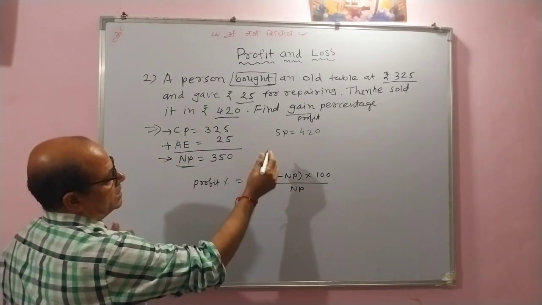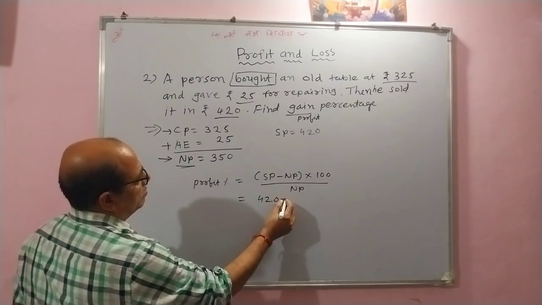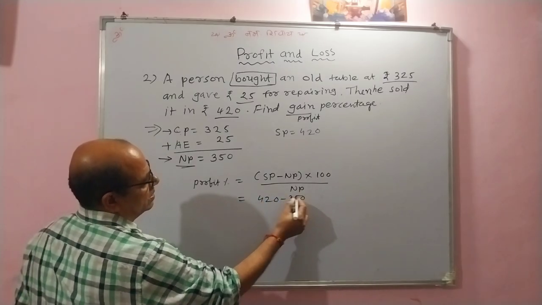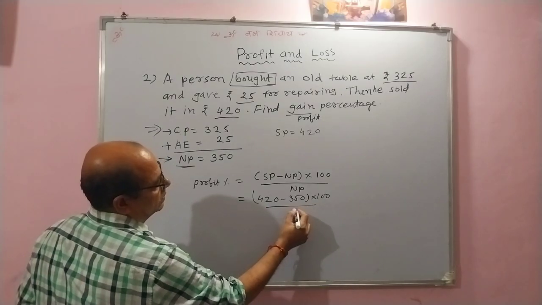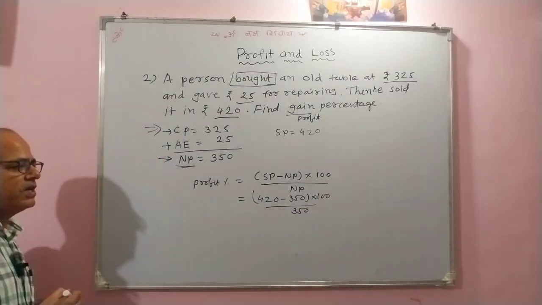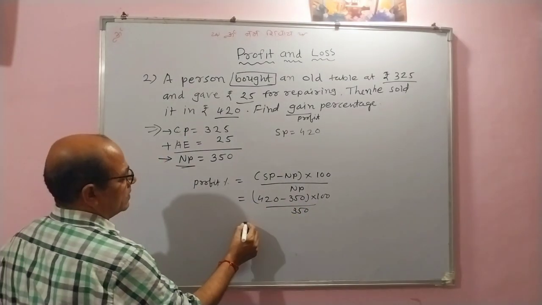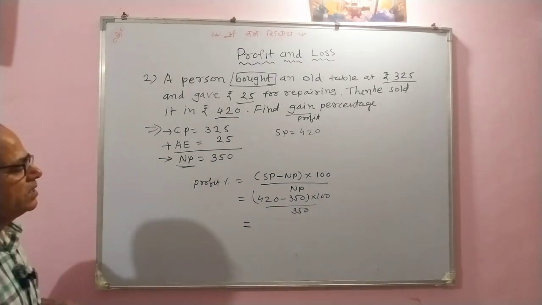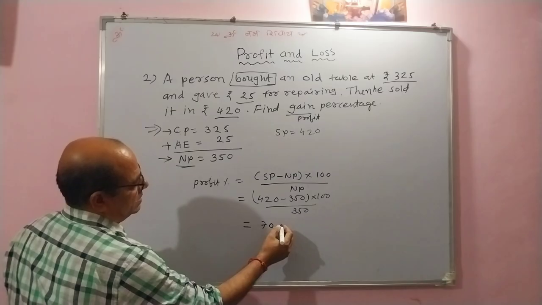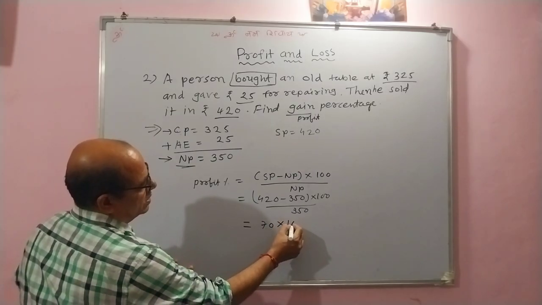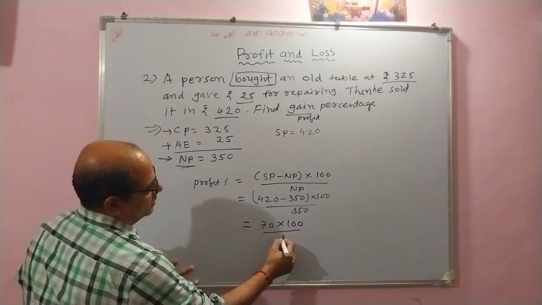Now SP is equal to 420 minus NP 350, into 100, divided by NP 350. Now just subtract 420 minus 350. How much? 70. 70 into 100 divided by 350.